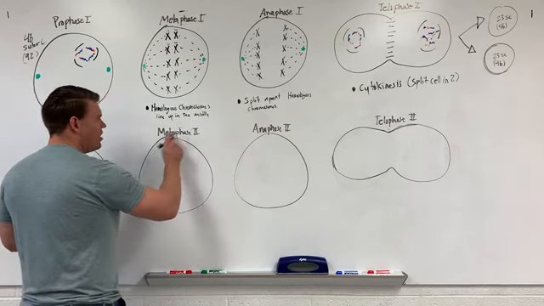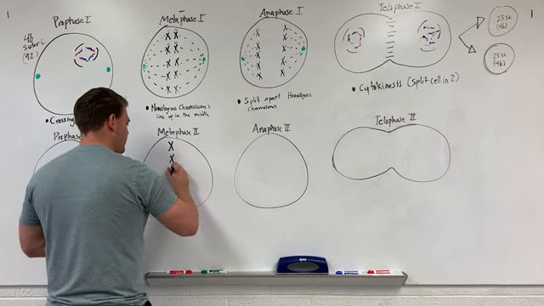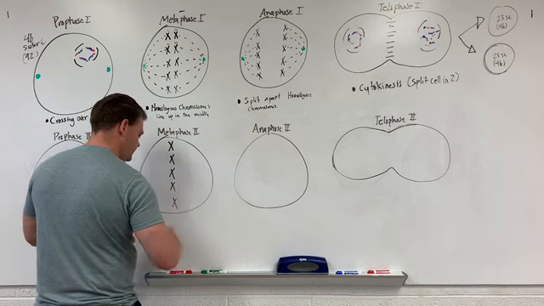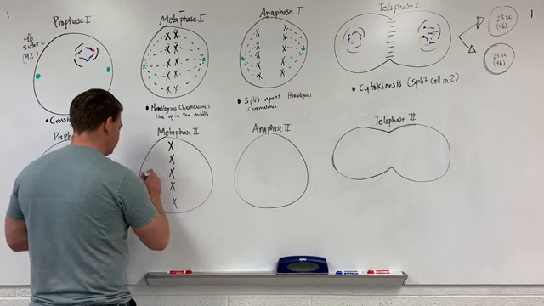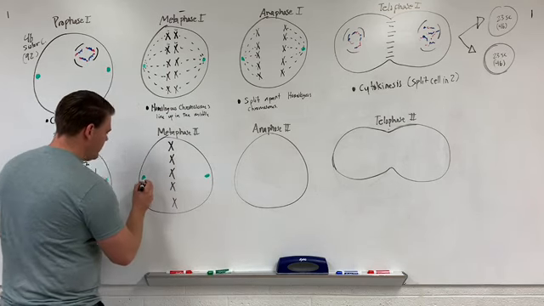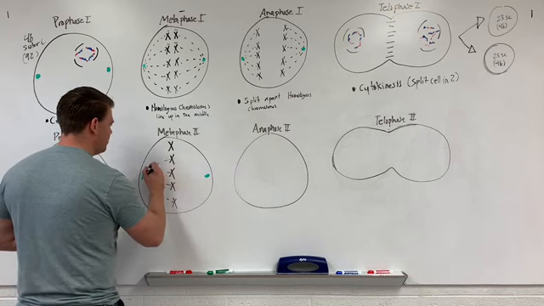Then in our metaphase 2, our sister chromosomes line up in the middle again, and our centromeres attach spindles now to the sister chromosomes.